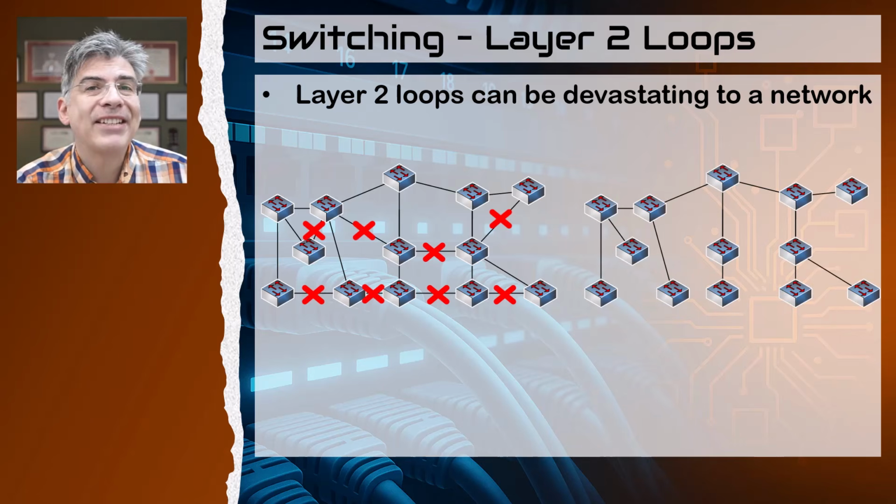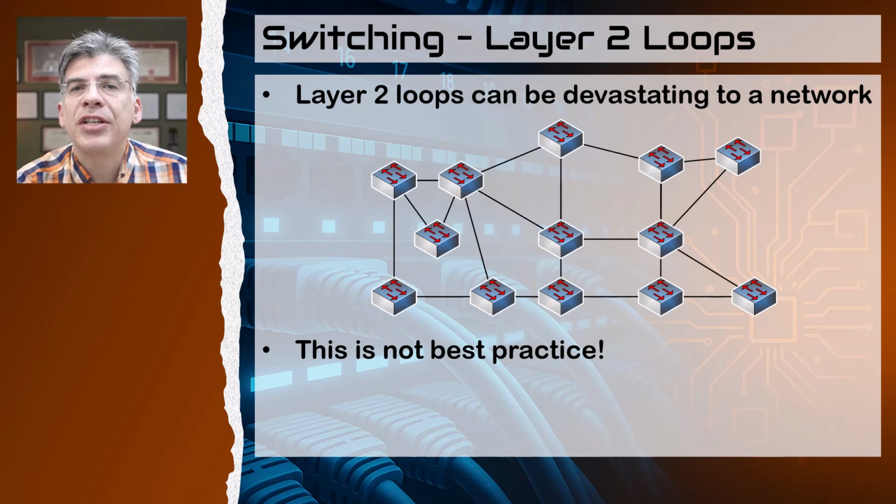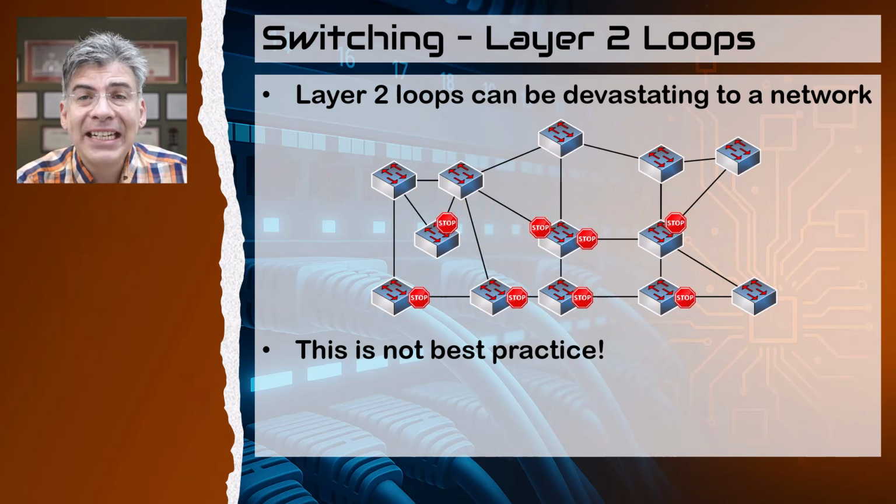But this has its drawbacks, and it is definitely not best practice for any network requiring any level of redundancy and high availability. Indeed, it would be great if you can connect all your switches with physical layer 2 loops like this, but have some mechanism that will automatically, dynamically, and logically block specific ports so that the result is the logical elimination of any layer 2 loops.